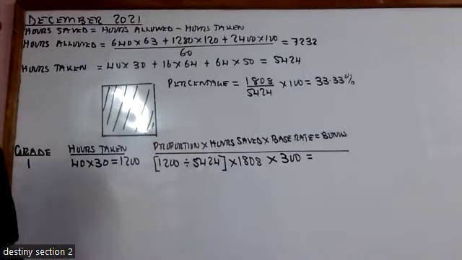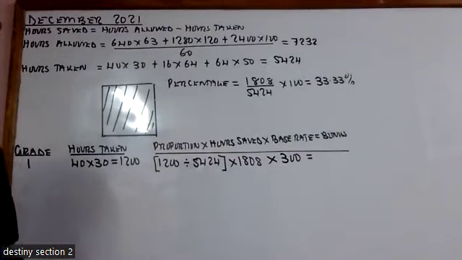Then grade 3. Grade 3 had 64 workers, each working 50. So 64 times 50 is 3,200.